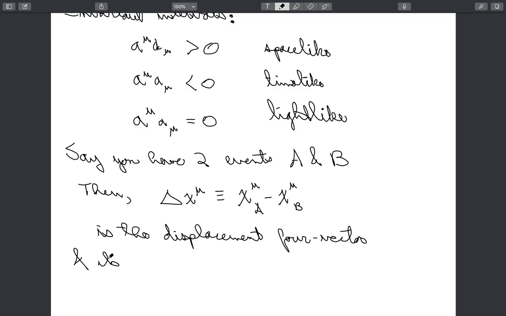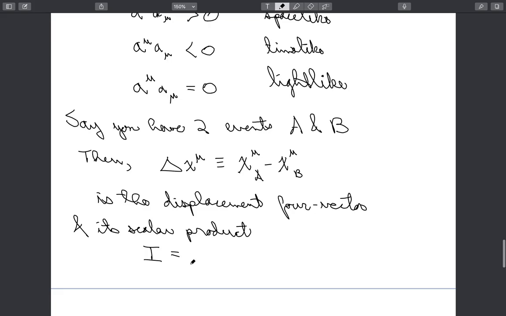And its scalar product with itself, which I'll write like this, is by definition the scalar product of delta x mu with itself.